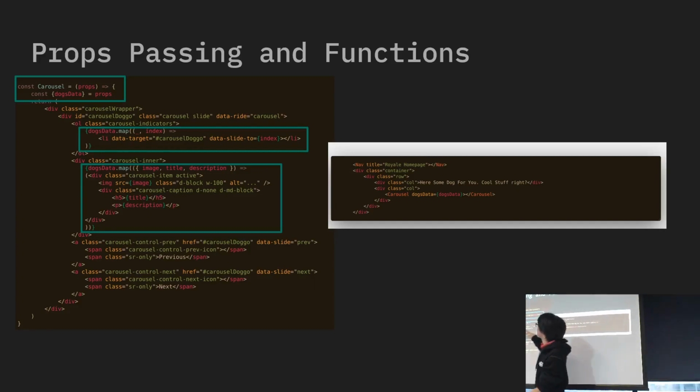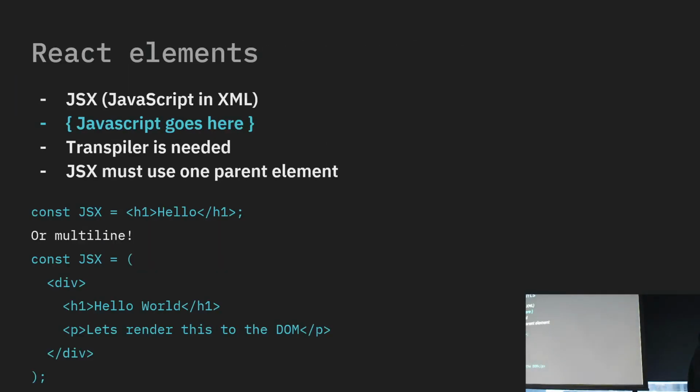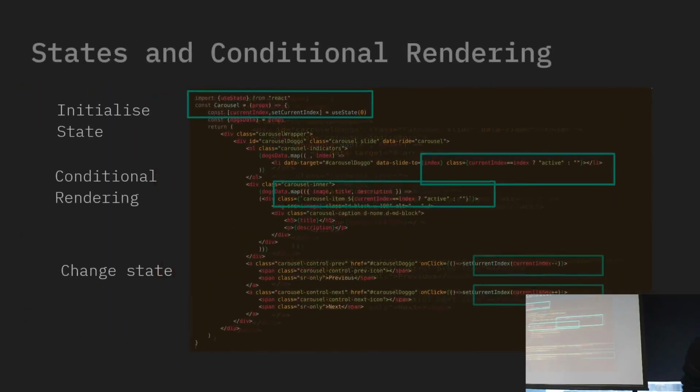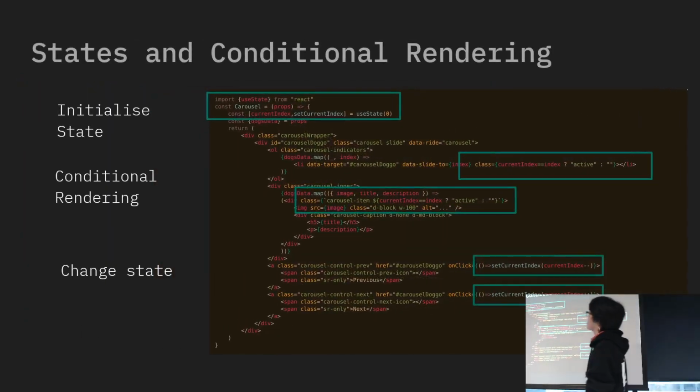So let's do that with conditional rendering. It looks like this. We're going to have state. State just holds the data that represents what the interface is going to look like. Whenever the state changes, the interface will react to the change.